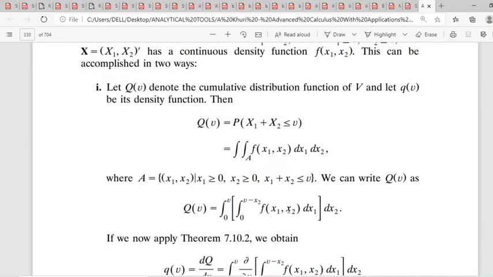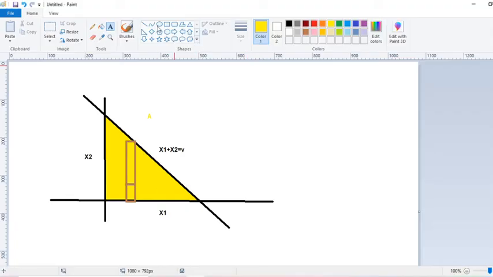Here they are considering a horizontal lamina. They are considering it in a horizontal way. This lamina is moved from 0 to v minus x2.